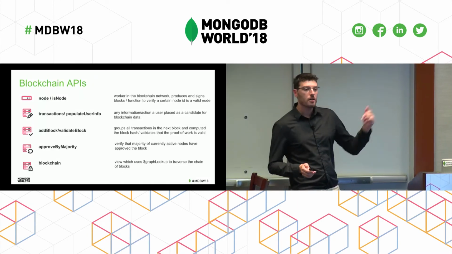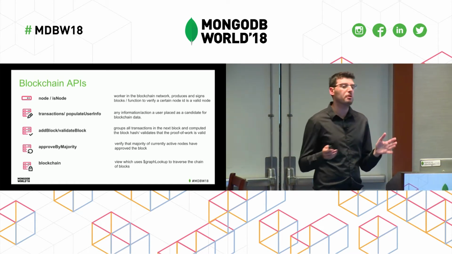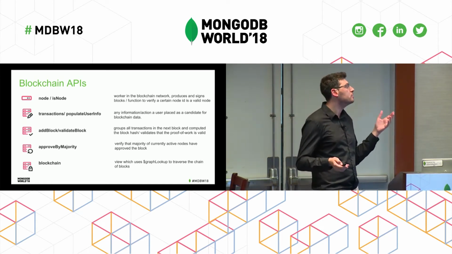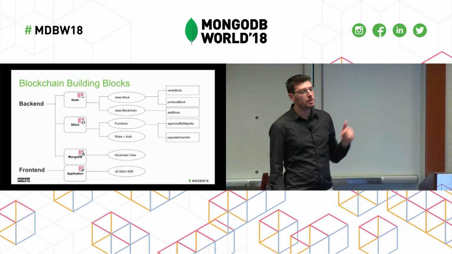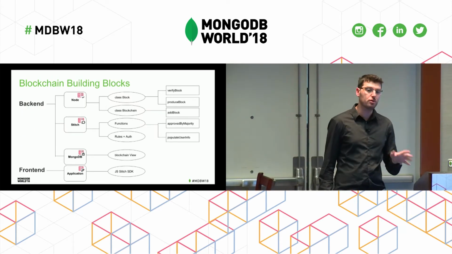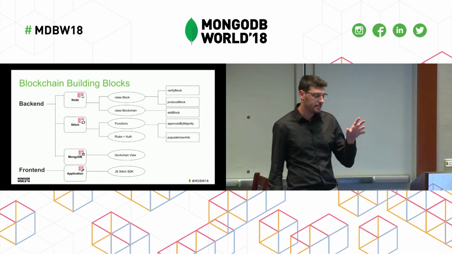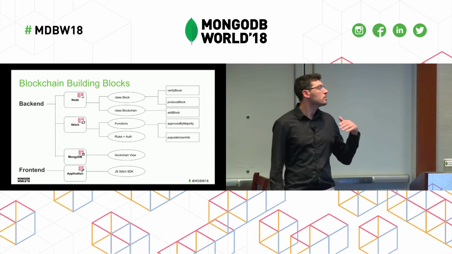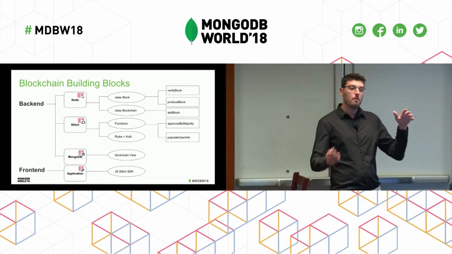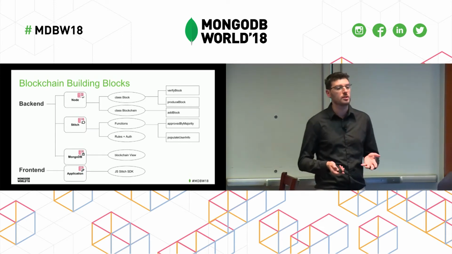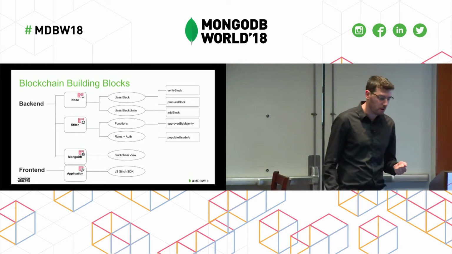So let's start by talking about what building blocks or what APIs we need to implement this solution. We can basically scope them to two sections. We have the backend section and we have the frontend section. So the backend consists of our nodes, which are the blockchain network, which produce those pieces of information shared on the blockchain.